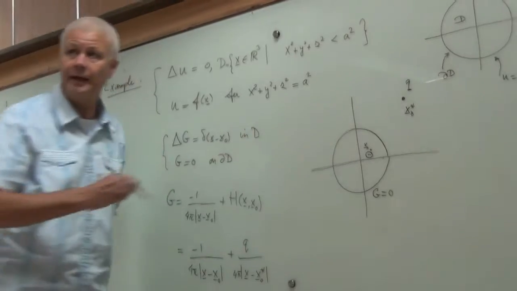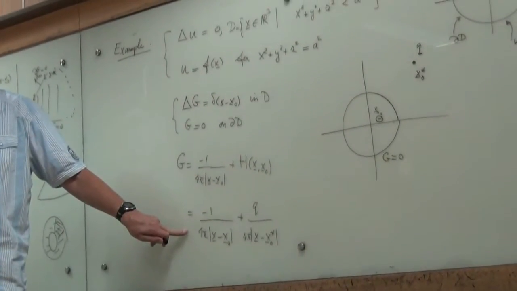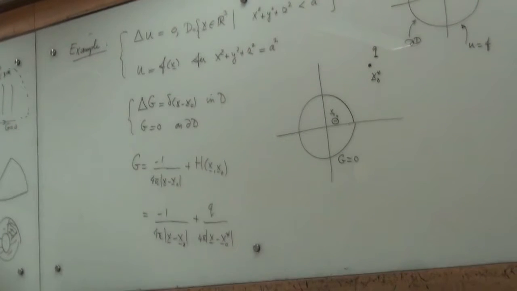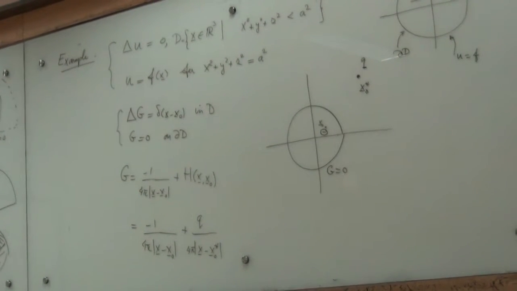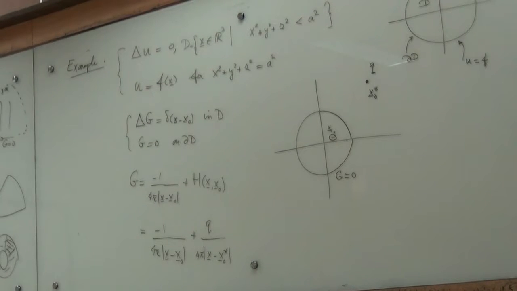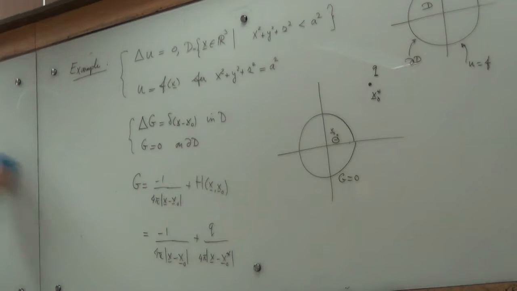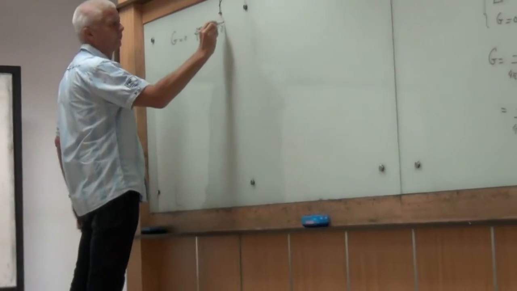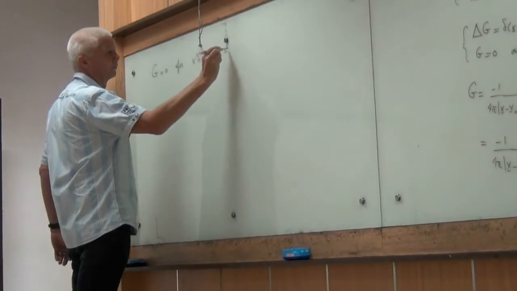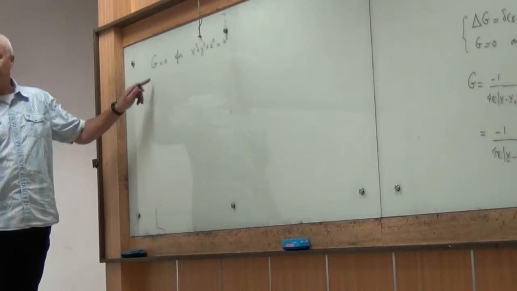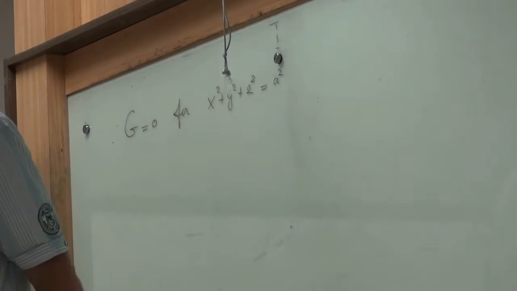And the condition that he required was, of course, that if x is on the boundary of my domain, this function needs to be 0. That's the only condition.